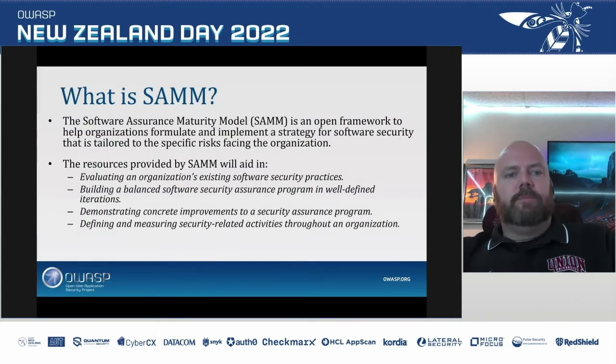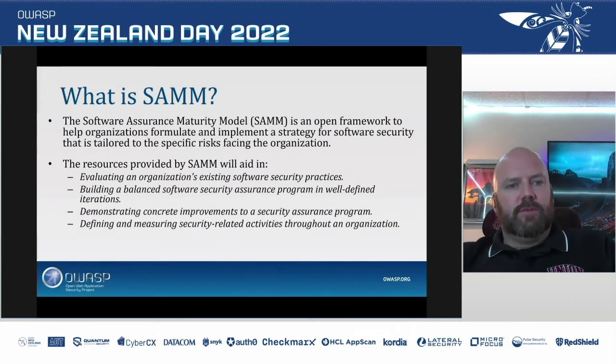So what is SAMM? SAMM stands for the Software Assurance Maturity Model. It's an open framework, one of the very few for doing secure development practices. The idea is it's there to help organizations measure and implement strategy for software security.